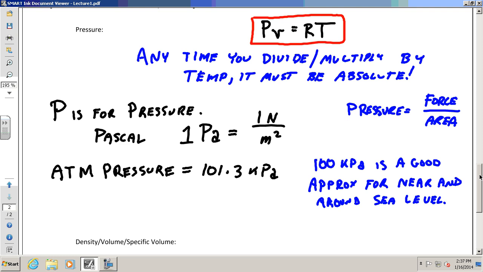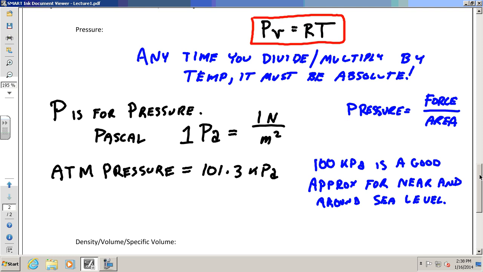Now, if we were to go to Colorado, and we were going to be in Denver, or we were going to go up in the hills, then that pressure is not a good estimate anymore. In fact, if you were to say it was 100 kPa in Denver, you could be 10, 15% off. If you were to go way up in the hills, 10,000 feet, 15,000 feet, then you're definitely way off. It does vary quite a bit with elevation.